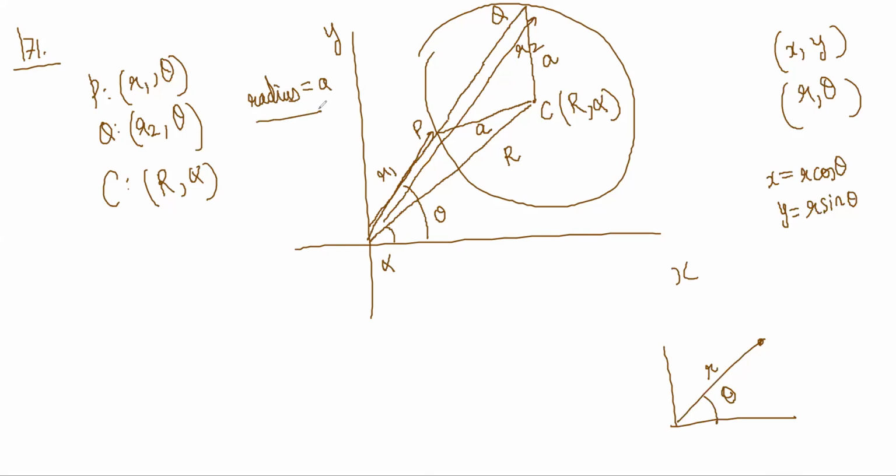Now what he's saying is to simply apply the cosine rule on angle COP, in triangle COP. So cos of angle COP will be equal to what?